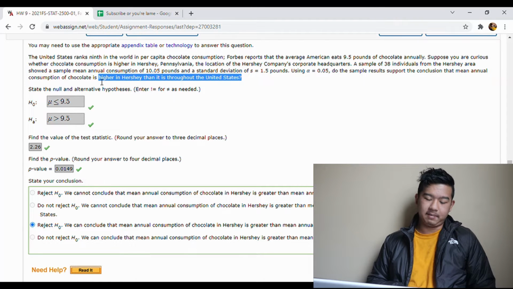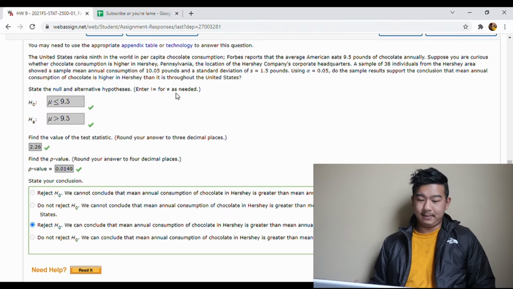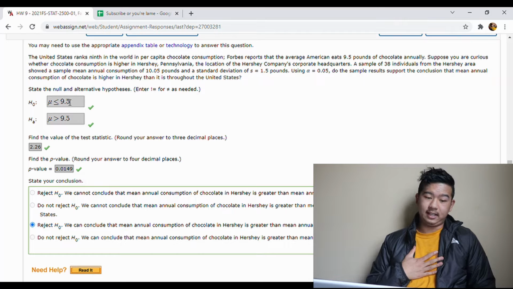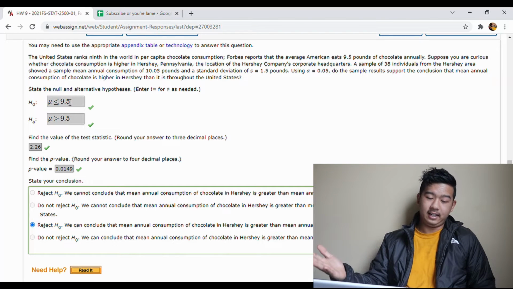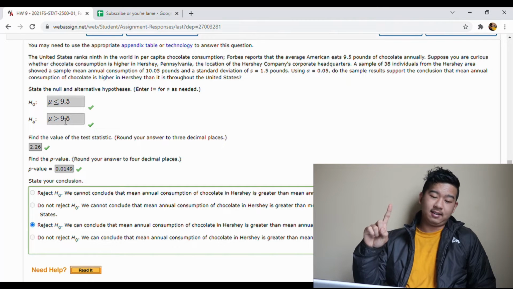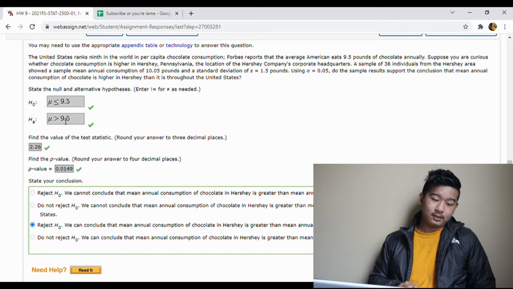That's our alternative hypothesis. Now our null hypothesis would say the opposite. That's why I like to start off with the alternative, because then the null is the opposite by default. And you have three options to choose from. For the alternative hypothesis, you can either say it's greater than, less than, or not equal to. In this case, it's higher.